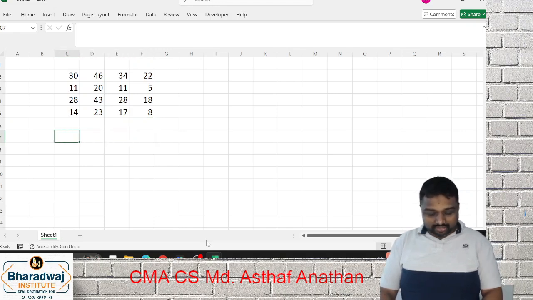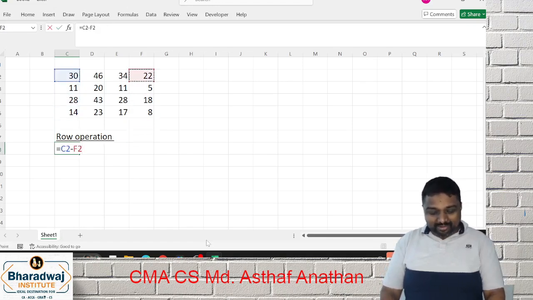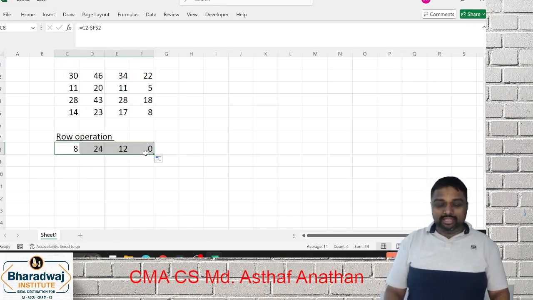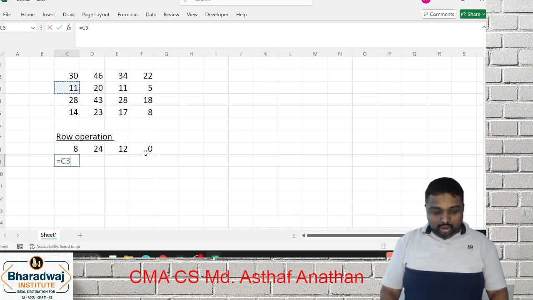Now we have to go for row operation first. You are experts in row operation, I know. In row operation, we reduce by the least number. In the first row, the least number is 22, so we reduce it. Since I am using Excel, just scroll down. Same way we continue for all rows. In the second row, 5 is the least number we reduce.